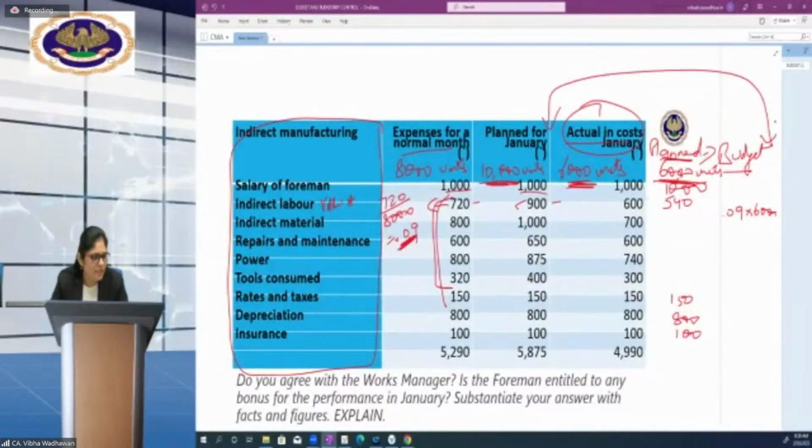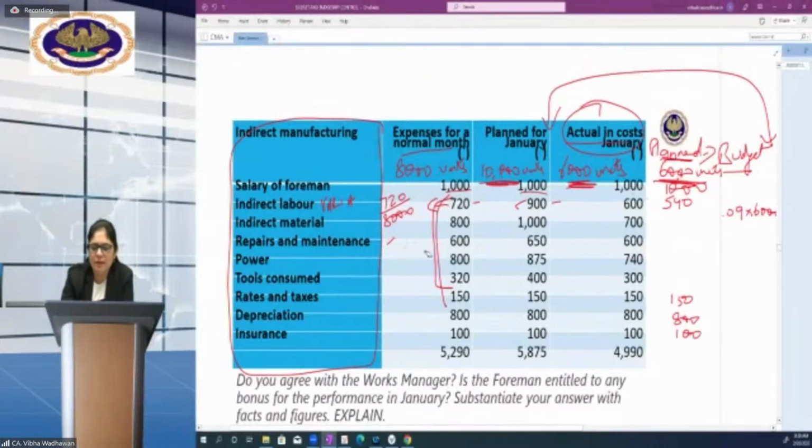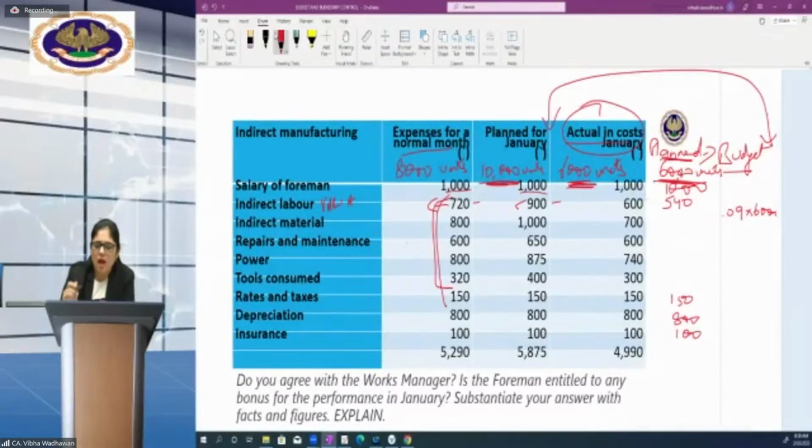Repair and maintenance and power are semi-variable. Let us try to find out. Now go to indirect material. I'm just trying to find out whether indirect material is variable or fixed. How do we find out?